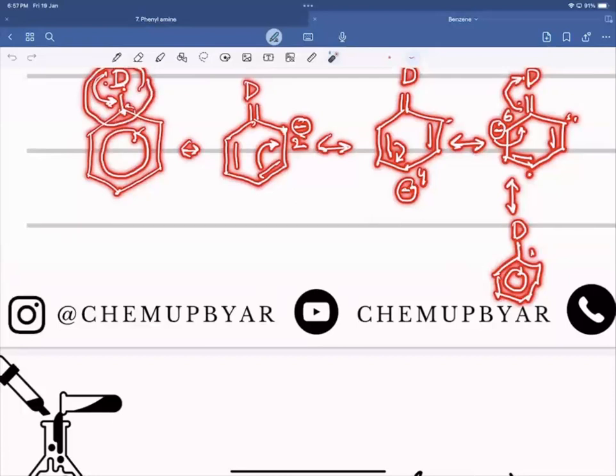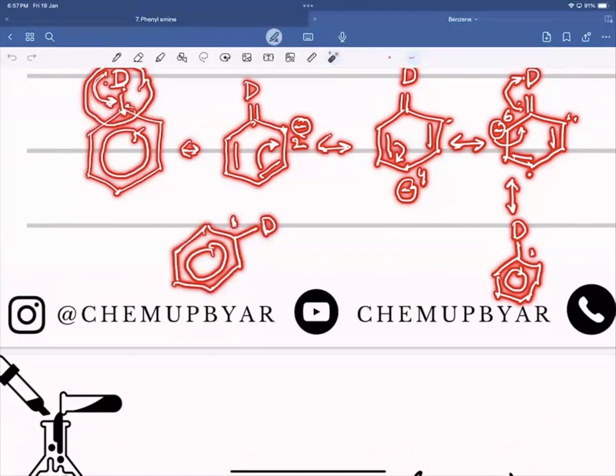You are talking about this, like this? Yes, like this. So now this is the first carbon. The 3rd and 5th carbons get substituted when an electron withdrawing group is attached.